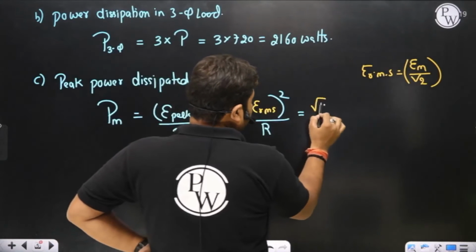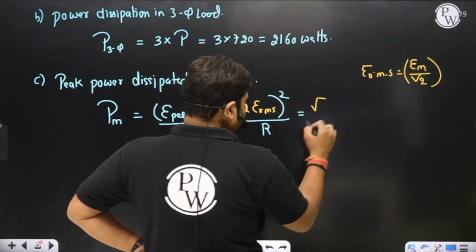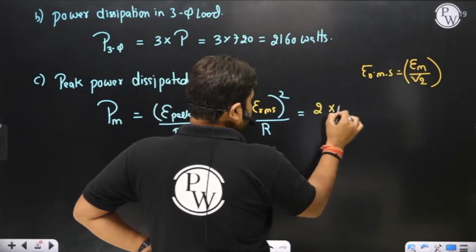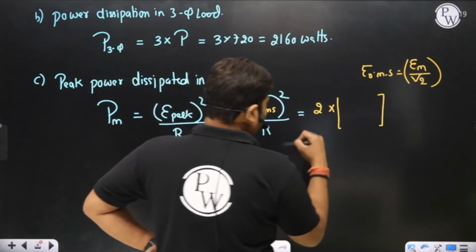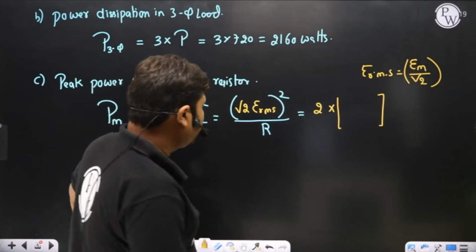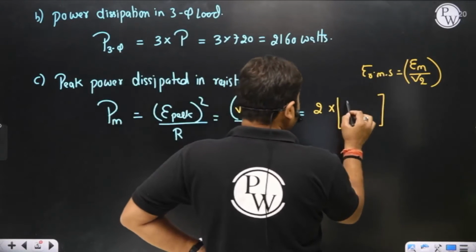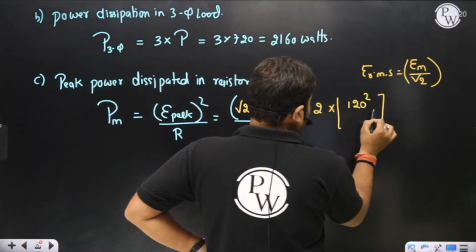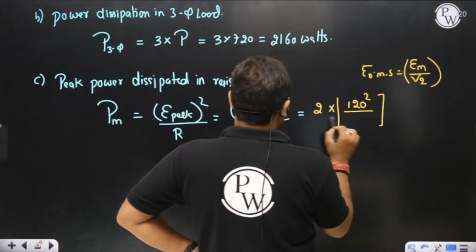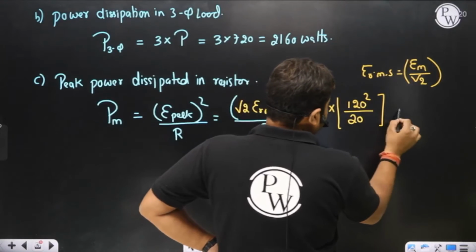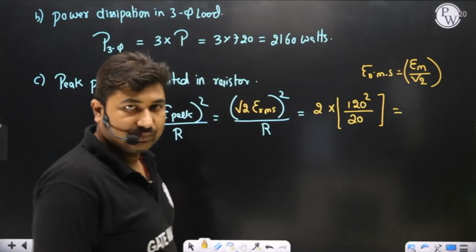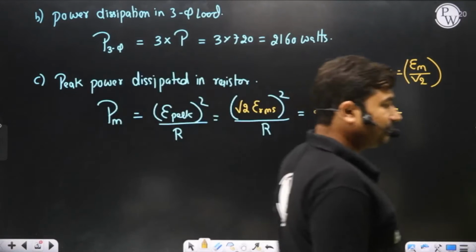Now RMS value is the effective value. So sir, this will become twice of, please observe, twice of RMS square. RMS is 120 square by R, R is equal to 20. So it means 720 into 2. Can I say this? Yes, sir.